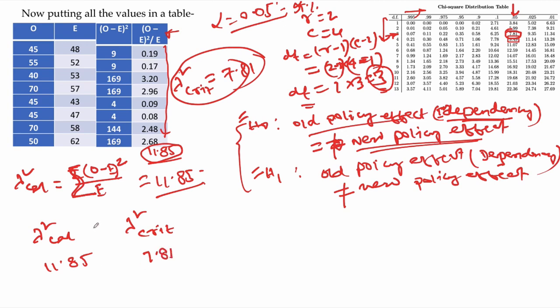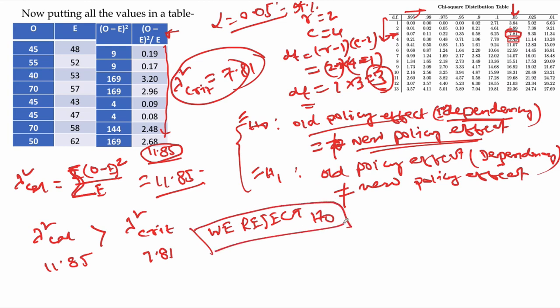So obviously this is greater than the critical value. Clear? If it is greater than the critical value, we know the assumption we made: that we reject the null hypothesis. Clear?